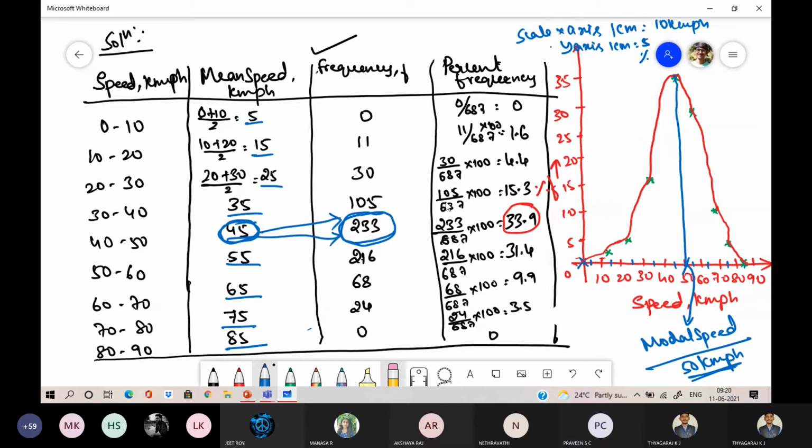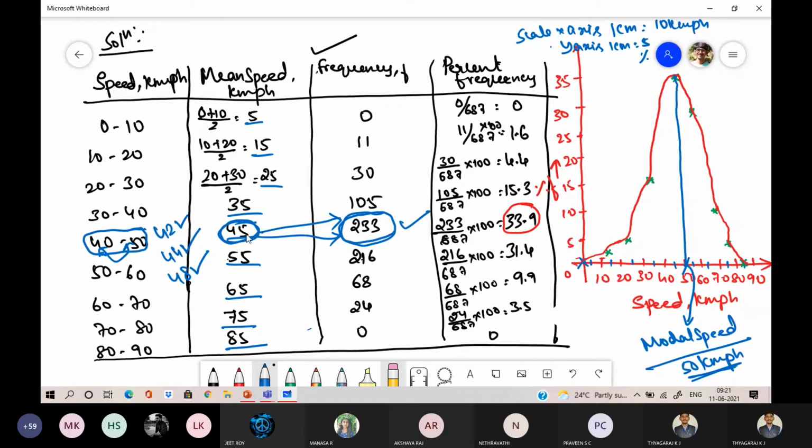In the speed range of 45, the maximum number of vehicles are moving. So the speed should fall between 40 to 50. In the exam, if you get 42, it is correct. If you get 44, it is correct. If you get 48, it is correct. That is, it should be between 40 and 50. Okay, is it clear?